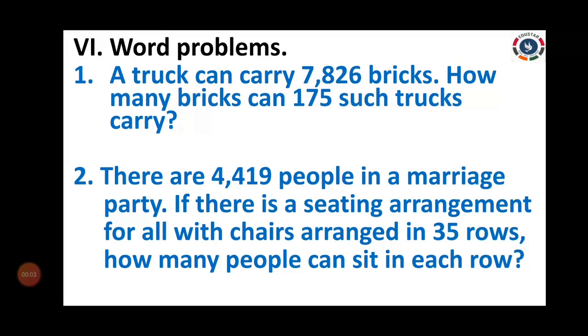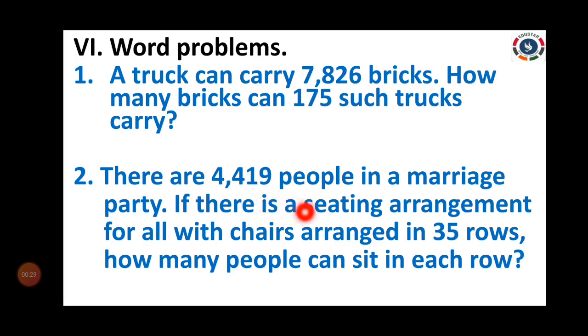Number 2, there are 4,419 people in a marriage party. There is a seating arrangement for all, with the chairs arranged in 35 rows. So how many people can sit in each row? That we want to calculate. Here, totally 4,419 people are in the marriage hall. They need chairs to sit.